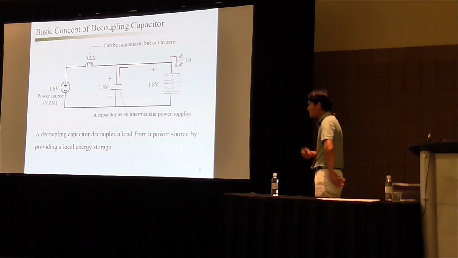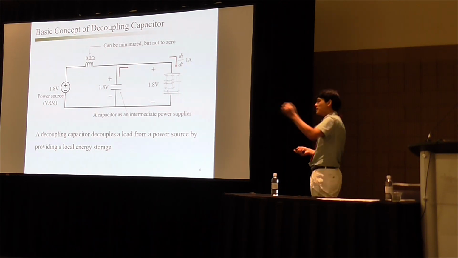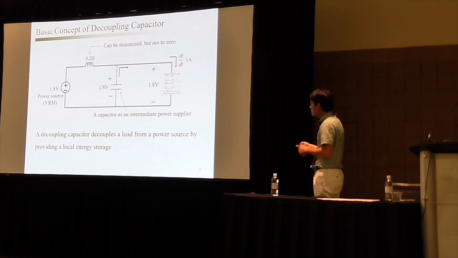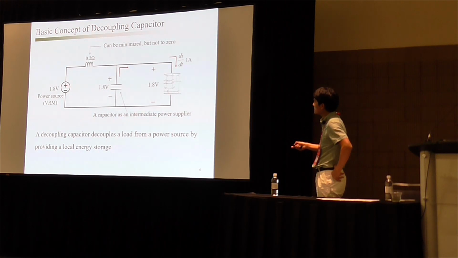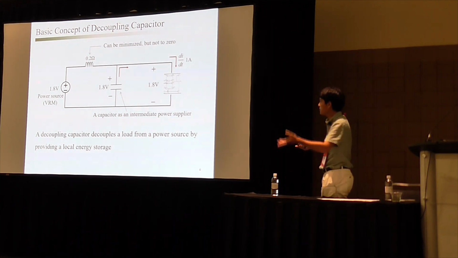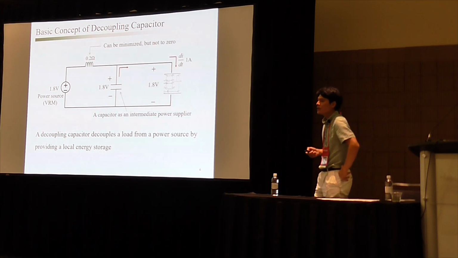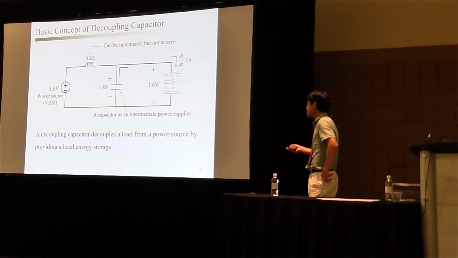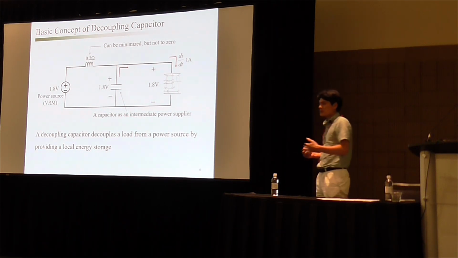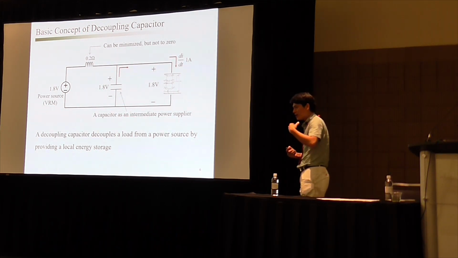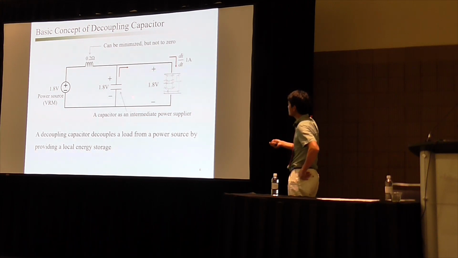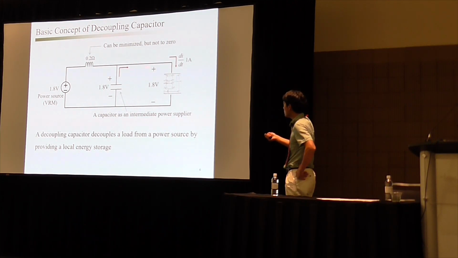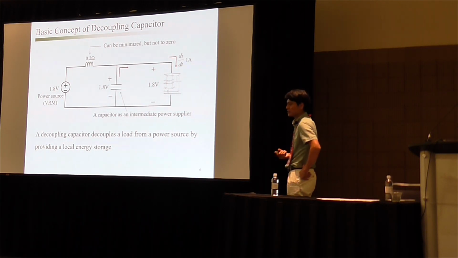So what do the decoupling capacitors do? So here is your VRM far away, and then this is your internal circuit. So when you draw the current from this external far away voltage source, there will be a huge voltage drop. So we add a capacitor here as an intermediate power supplier. It can provide charge or current to the internal circuit. So we can draw the current from here and assume there is no impedance at all, then we can provide an ideal voltage to the internal circuit, right?